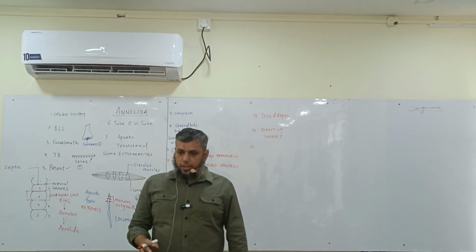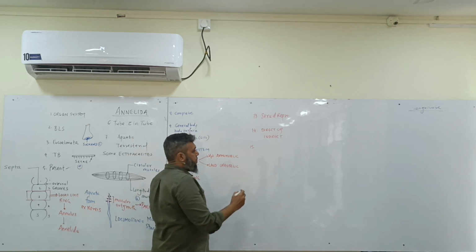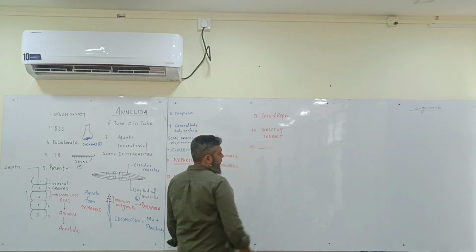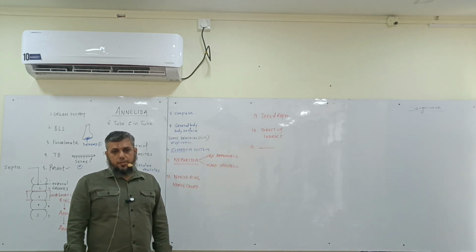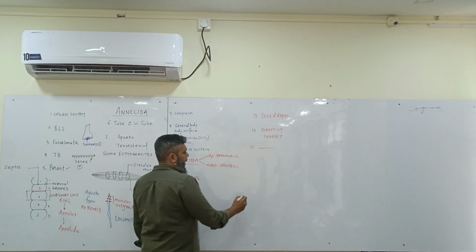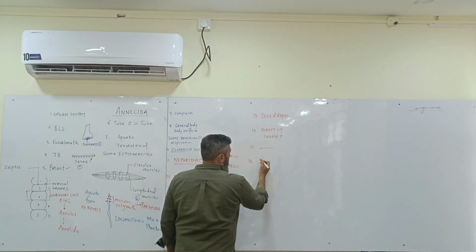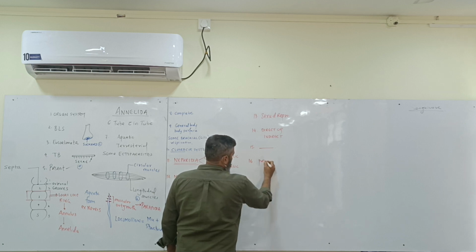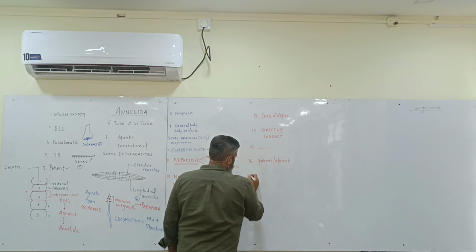NCERT has not mentioned anything about their fertilization. So it can be both external as well as internal. Okay? What's the next point? May be present or absent. They can either be present or absent. What's the next one?